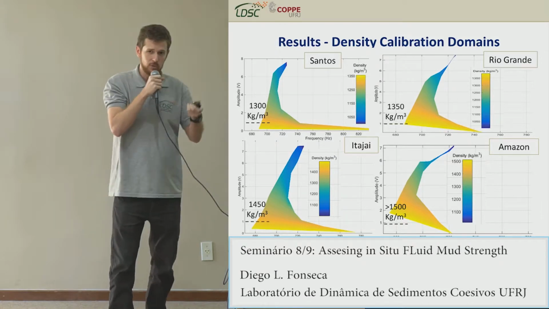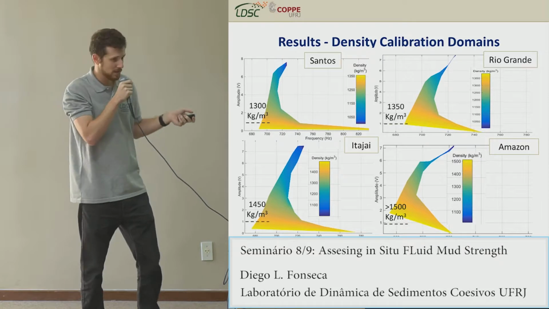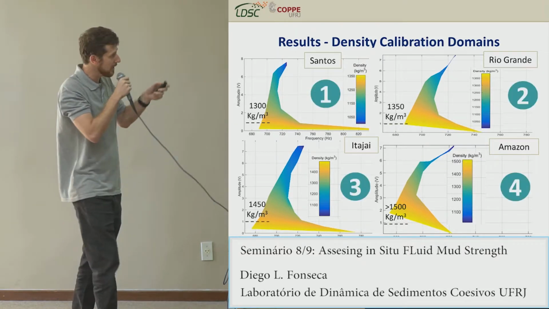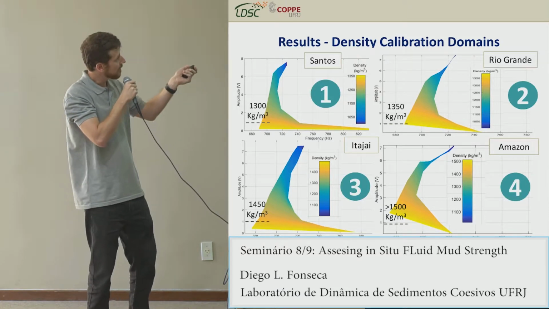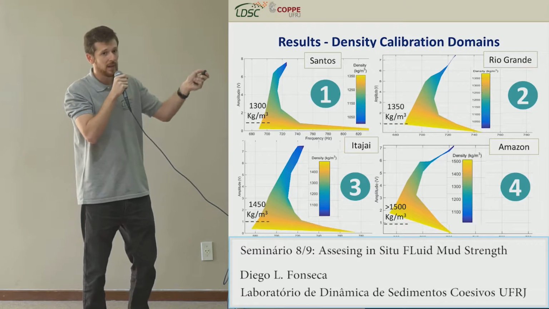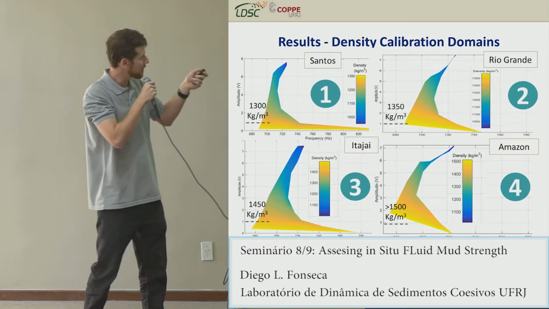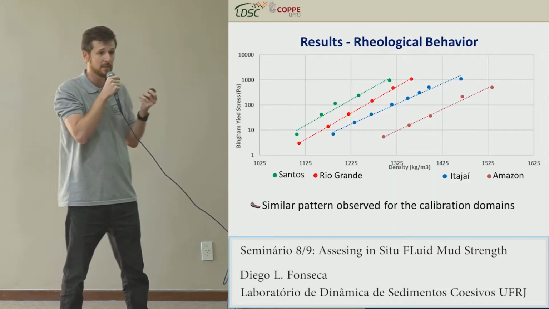So we can assume that if it has the same viscosity at a higher density, it means that for a given density, the yield stress of Santos will be higher than that from Rio Grande, then higher than Itajaí, and then higher than the Amazon. So 1, 2, 3, 4, and surprisingly, it's exactly what we found in the rheometer.